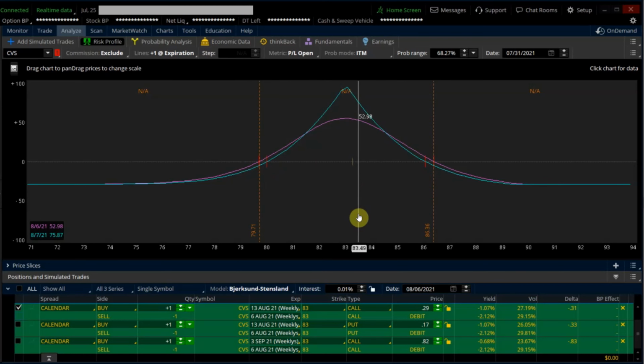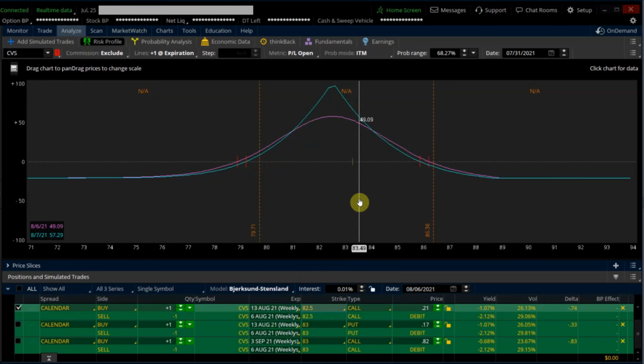One of the ways is I can tweak my strike price. So instead of selecting the $83 strike price, I might go slightly lower to $82.50. You can now see that the profit zone falls very nicely on my key support level, which is around the $79 to $80 mark. But this is at the expense of the upper range of my profit zone.